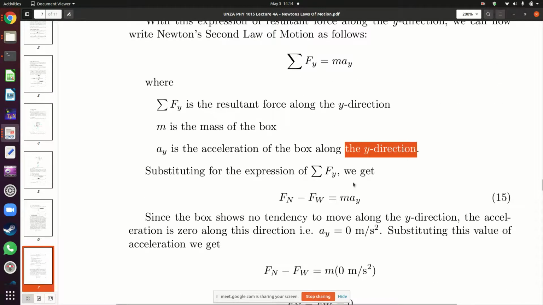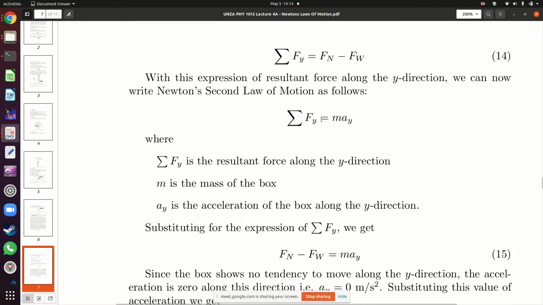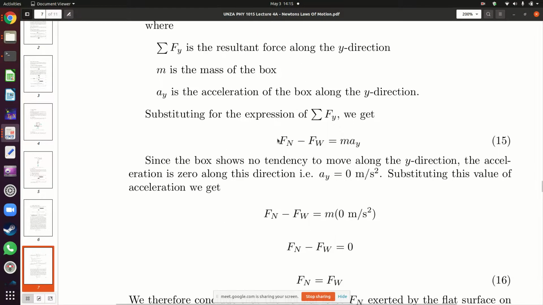Now, when we make substitutions here, in place of the resultant force, we write this expression, Fn, the normal force, minus Fw. So we end up having Fn minus Fw is equal to the mass multiplied by the acceleration of the object.